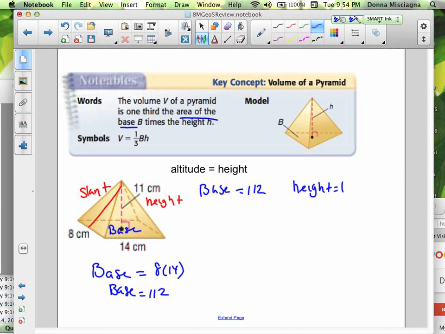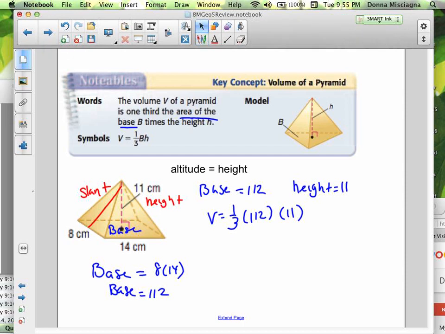So the volume is just 1/3 times 112 times 11. I can reduce, no I can't, because 3 doesn't divide evenly into 112. So I can't do any reducing. So we're just going to multiply the numerator and multiply the denominator.